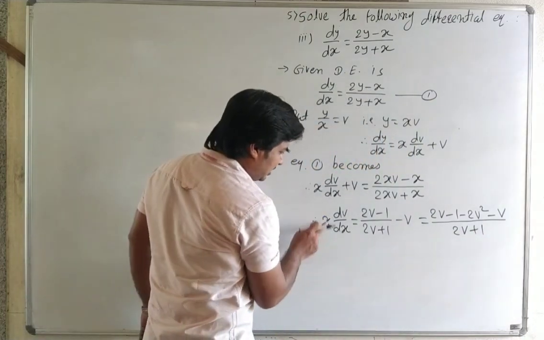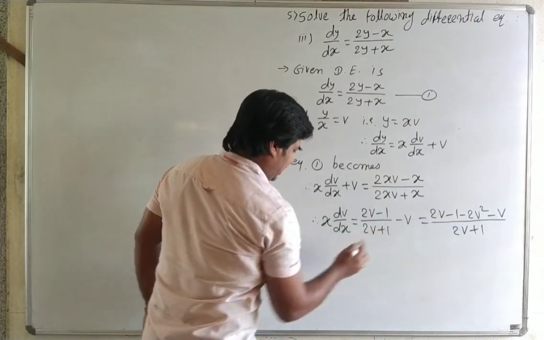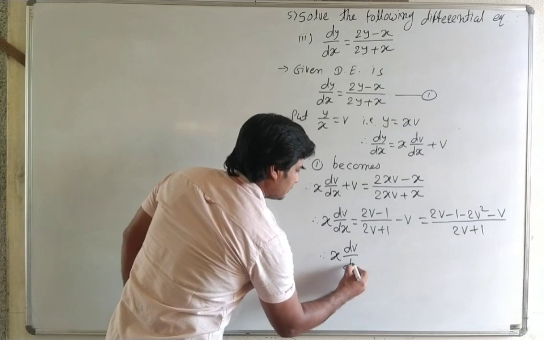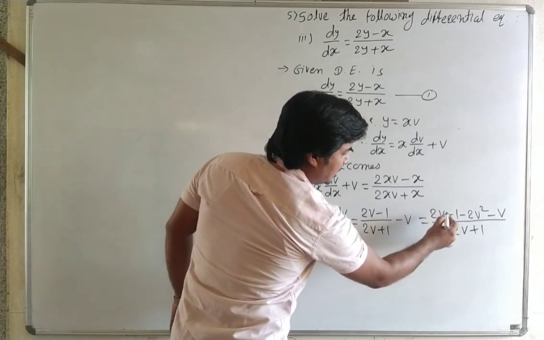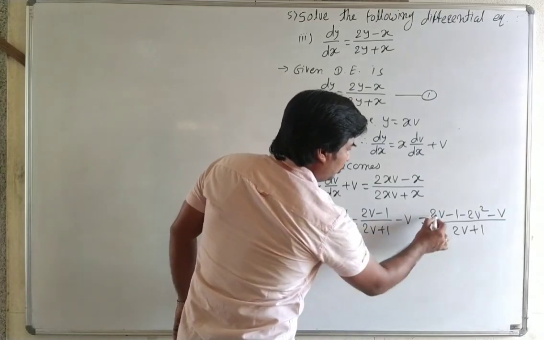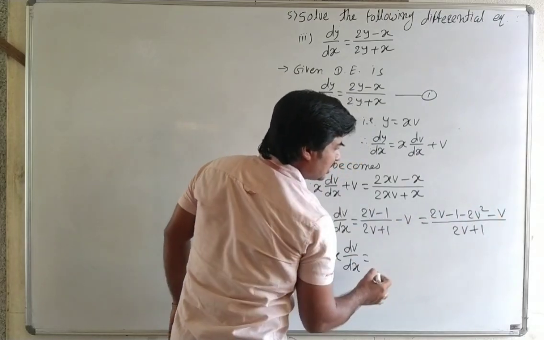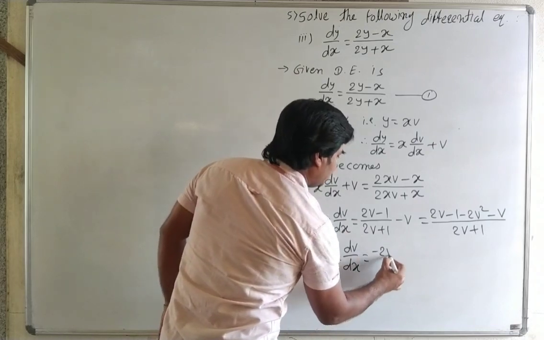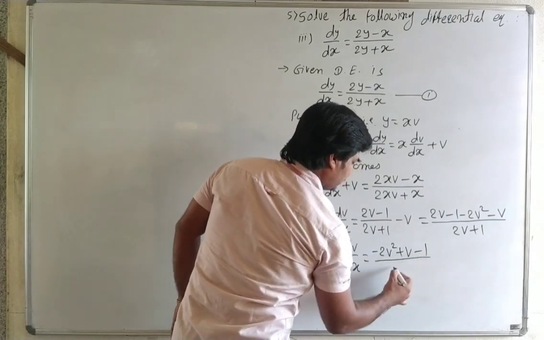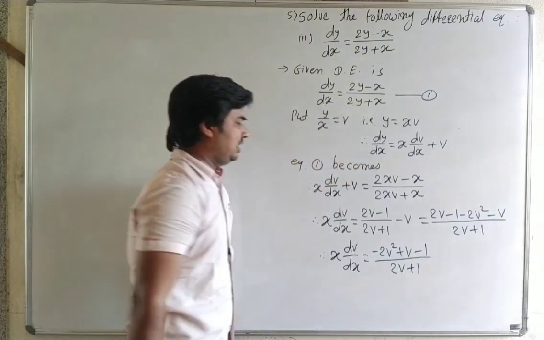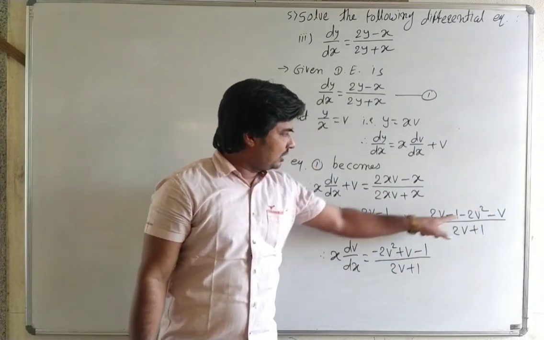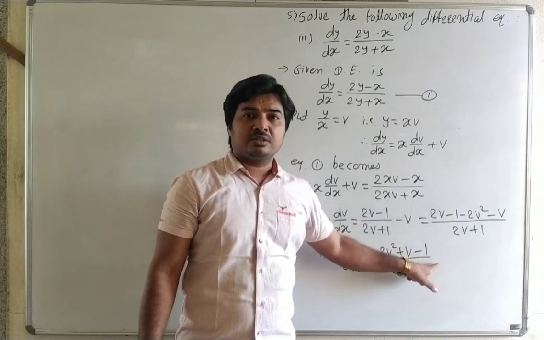Here x dv by dx is equal to this term, and therefore we can write x dv by dx is equal to, in this, it is 2v minus v, it is plus v, okay. Therefore minus 2v square plus v minus 1 upon 2v plus 1. See carefully, here it is 2v and it is minus v, it is plus v, it is minus 2v square and it is minus 1, okay.